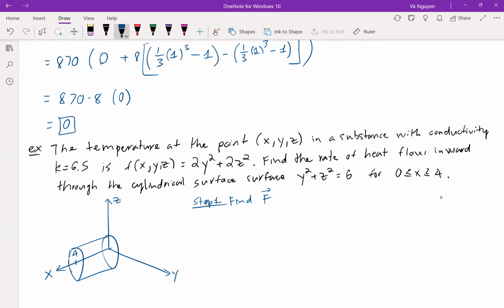So you can actually figure out the vector field by using the formula. The vector field is the conductivity multiplied by the partial derivative of f, and then you can do the negative here. This is the formula.